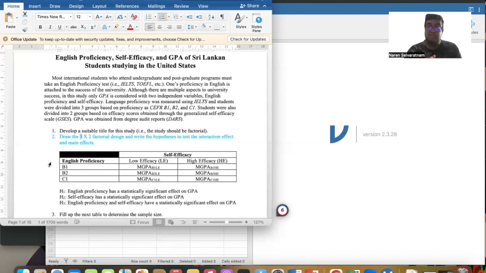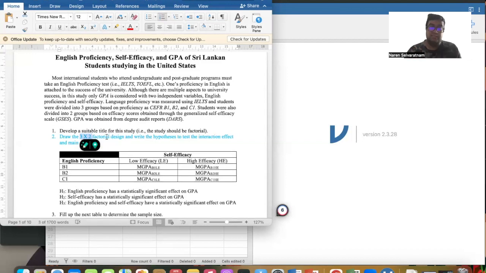And then based on their self-efficacy score, we have divided those individuals into two, as high efficacy and low efficacy. So the second independent variable also has two levels. So this is a 3 by 2 factorial design.